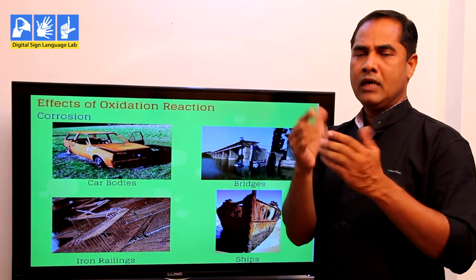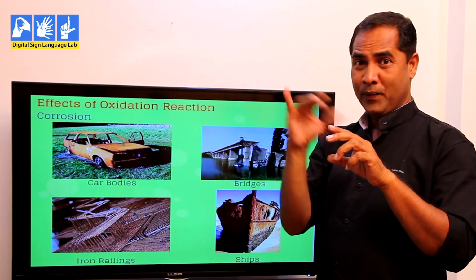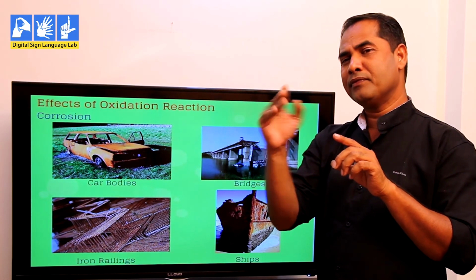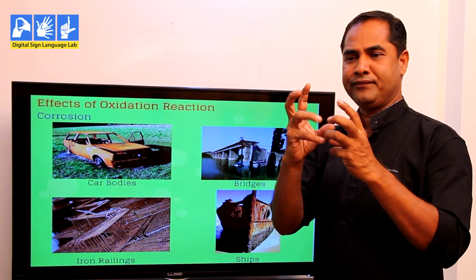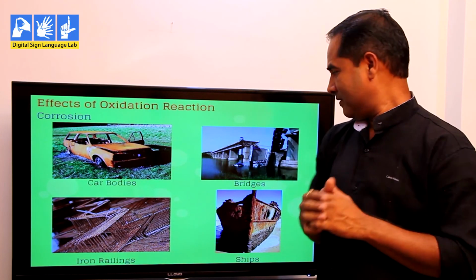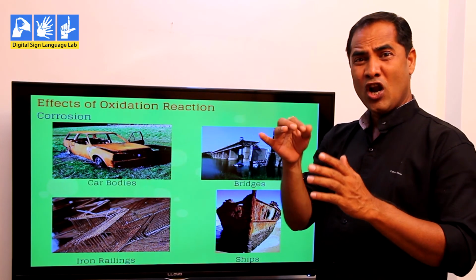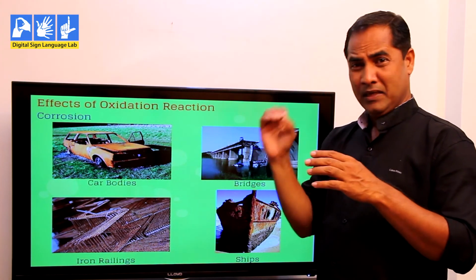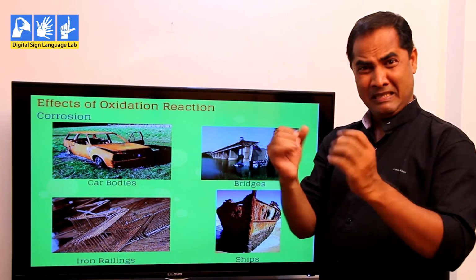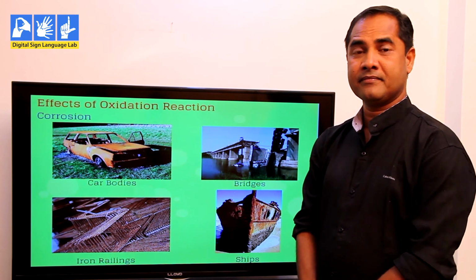So it is important to make a film to prevent contact with oxygen and moisture. Otherwise, in a few years, the entire building can collapse. Similarly, if you see ships, because of the salt water and wind and moisture, even the strongest ship can sink.